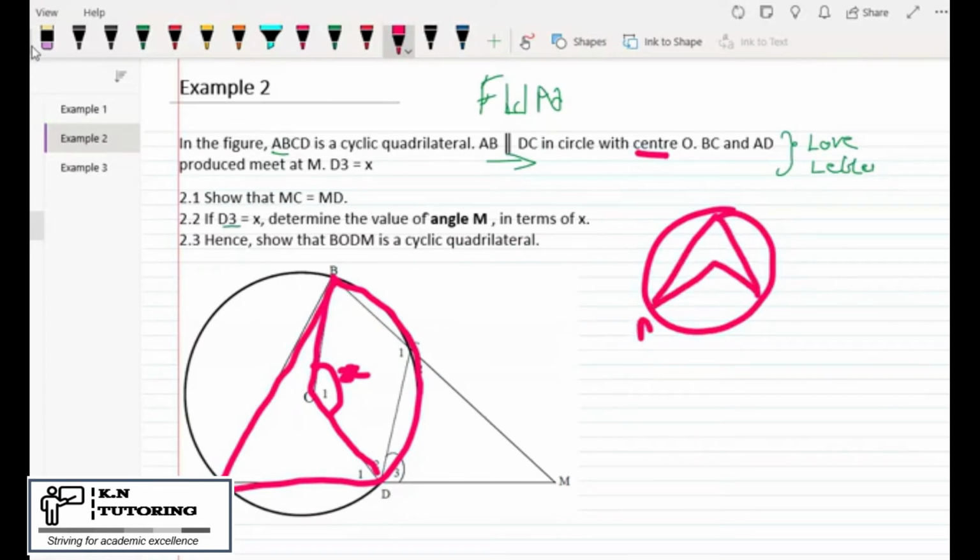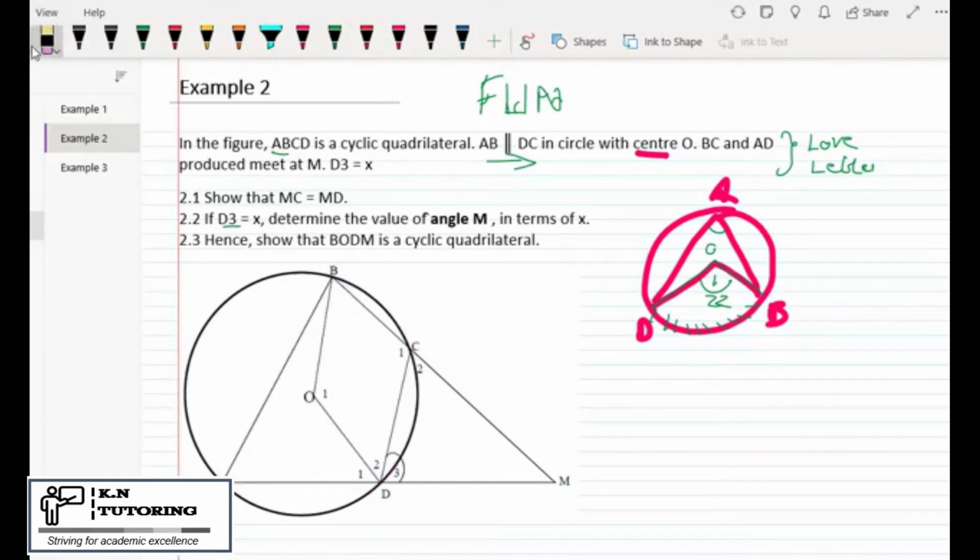In this case, we've got D, we've got A, and we've got B. So this arc subtends an angle at the center, which is 2x at O1, the angle at the circumference, which is A. Very, very important. So which means this angle is 2x and this one will be x, depending on the size of these angles. Okay?